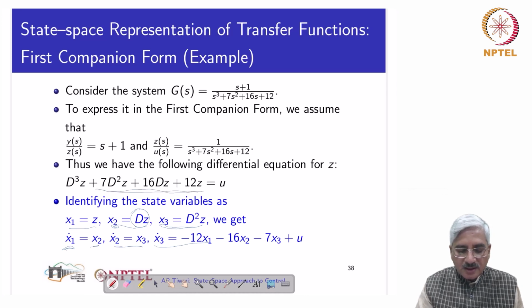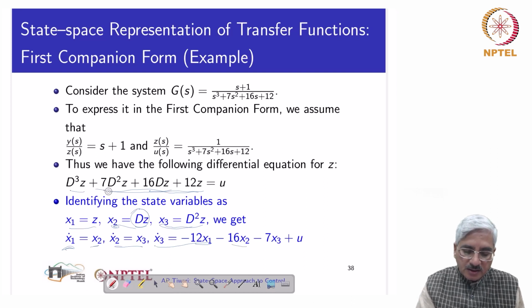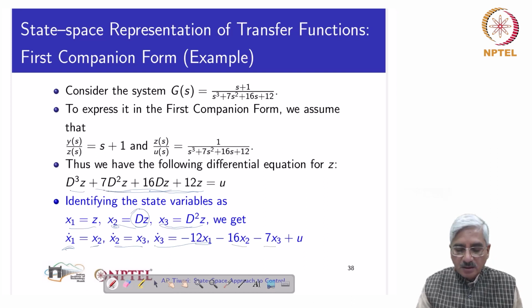This will be taken on the right. So x3 dot will be equal to minus 7 d square z minus 16 dz minus 12z plus u. z is x1, so minus 12x1. dz is x2, so minus 16x2, and d square z is x3, so minus 7x3 plus u.